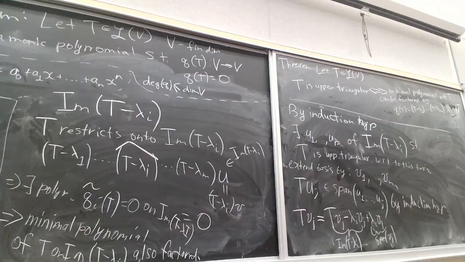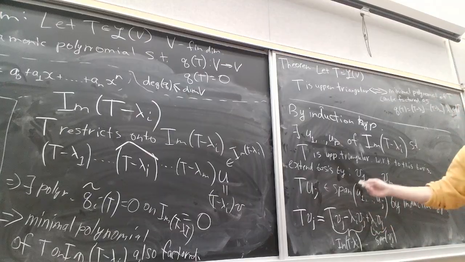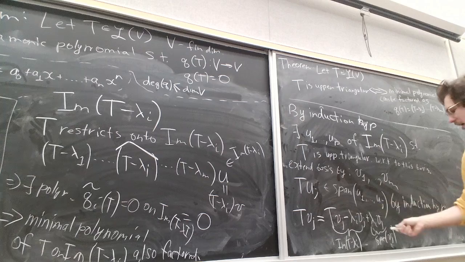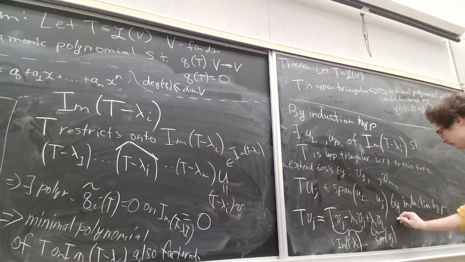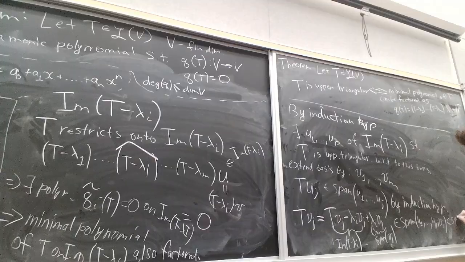So this can be written in terms of the UI's, and this is just the VJ. So this is in the span of U1 up to UP comma VJ, which is, of course, a subset of the span of U1 up to UP, V1 up to VJ, as desired.